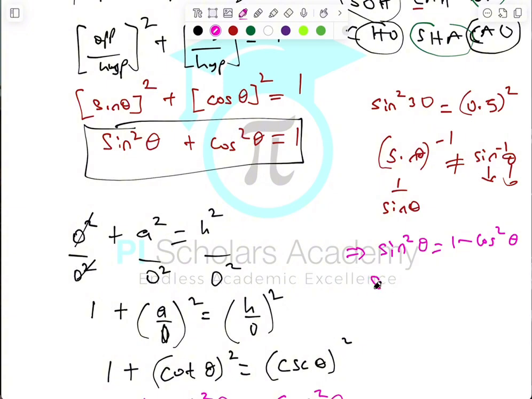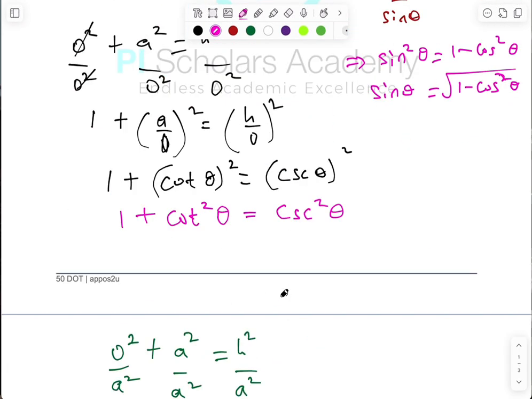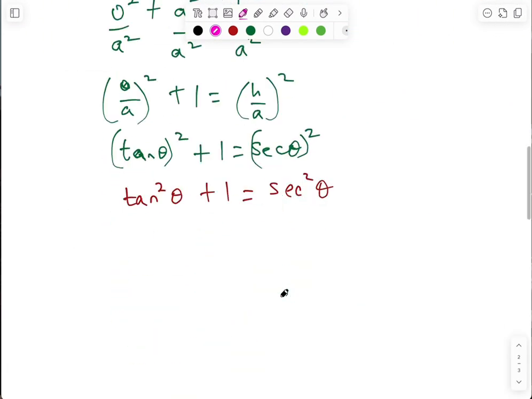And that implies that sine theta is the same thing as the square root of 1 minus cos squared theta. So this can actually be used in so many ways. Just take note of the general form. So that's for trig identity. Of course, we have a lot of other trig identities, but I'm going to be talking about something else now.